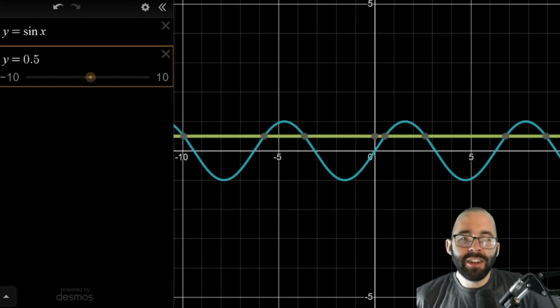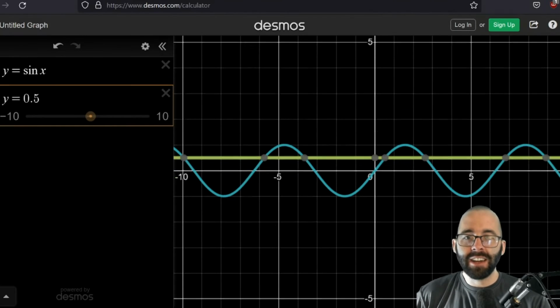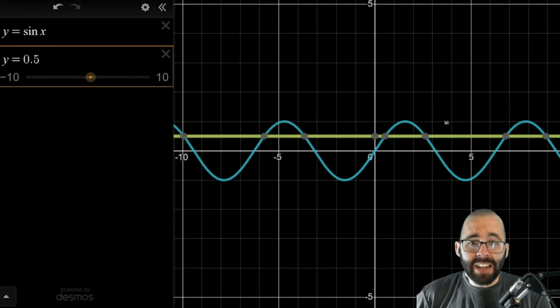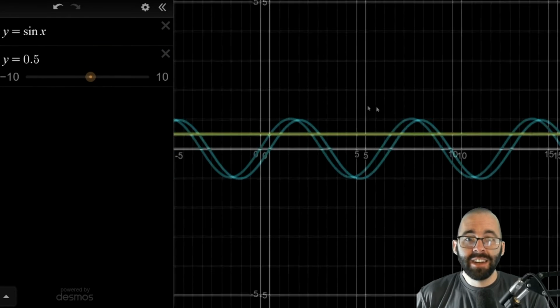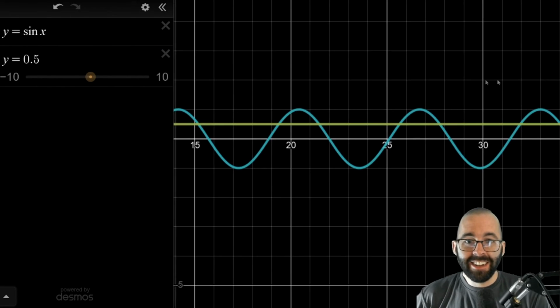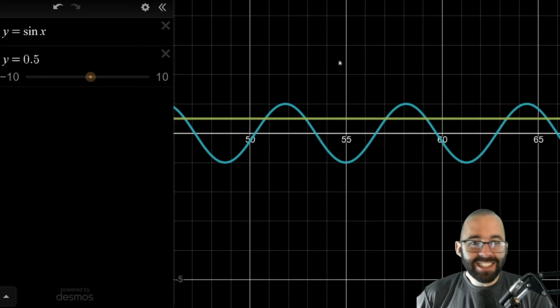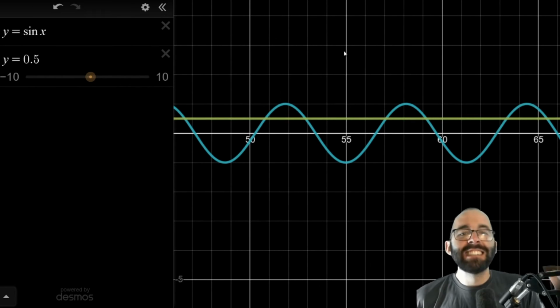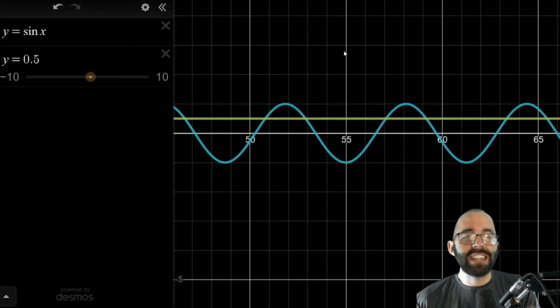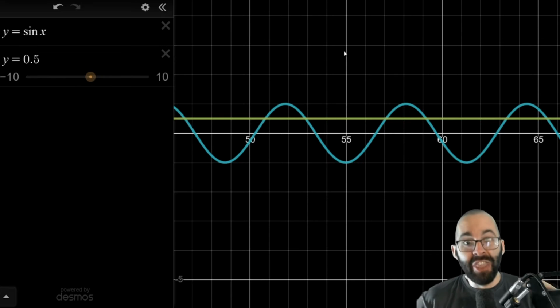For a function to have an inverse, it has to pass the horizontal line test. Not only does sine fail the horizontal line test, it literally fails it infinitely often, forever. Imagine that. You don't just fail it a little bit. Sine is failing the horizontal line test infinitely often. That's a new kind of F. Okay?